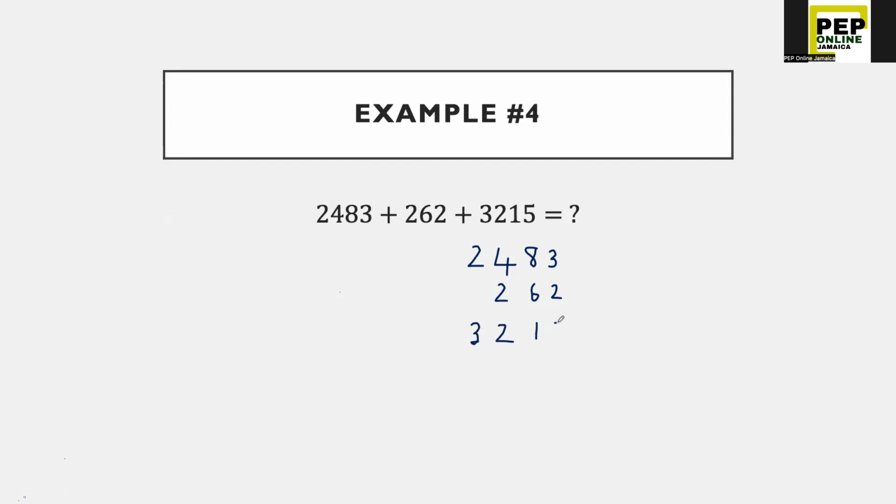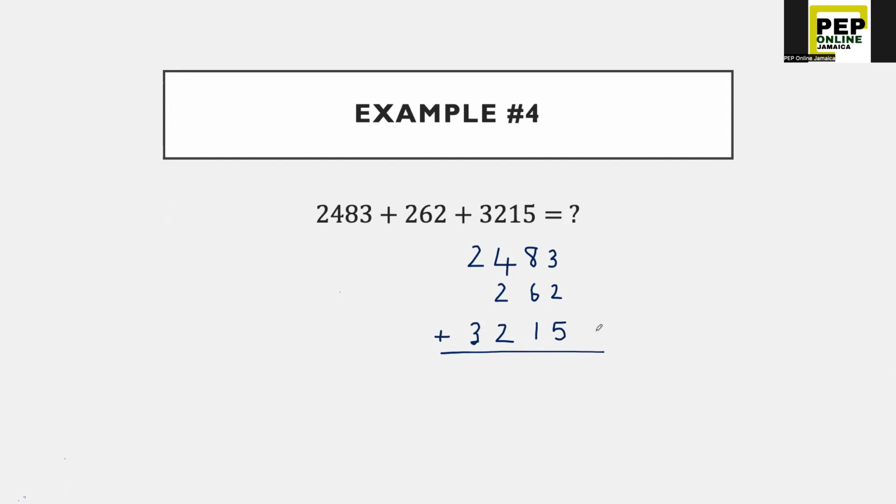So we have to line up the ones in the ones position, the tens in the tens position, the hundreds in their respective places, and the thousands. So your numbers are supposed to be aligned like this. So therefore, when you're adding, you're not adding some hundreds to some thousands or to some tens and to some ones. And those are very common mistakes I have been seeing over the years.